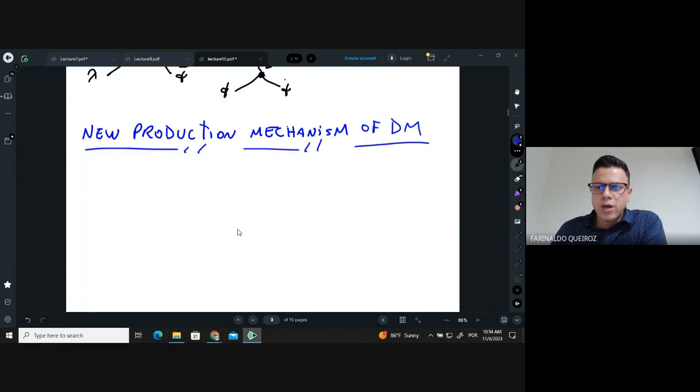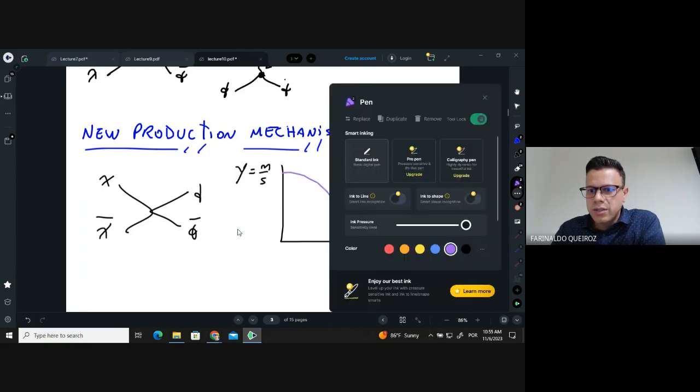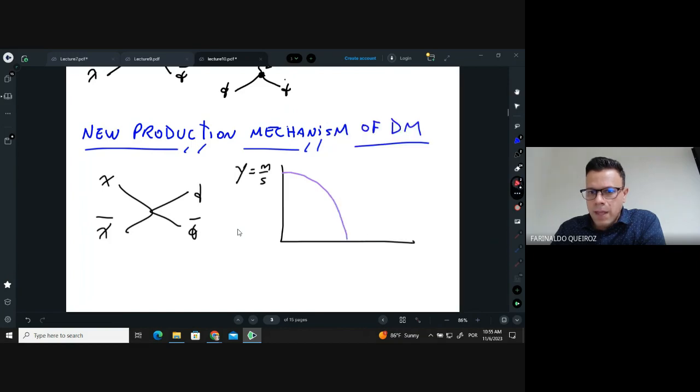One of them, which has become quite popular, is this: I have dark matter here, and they annihilate and produce fermions, and that's the yield, which is number density over the entropy, and the plot goes like this in equilibrium. However, there is a freeze-out, and because of freeze-out, this thing goes like this.